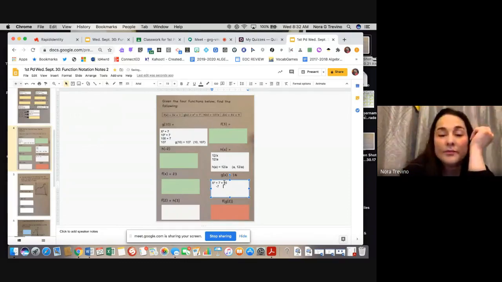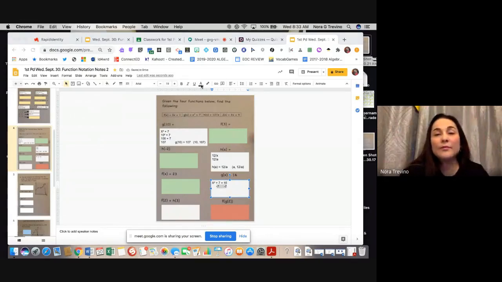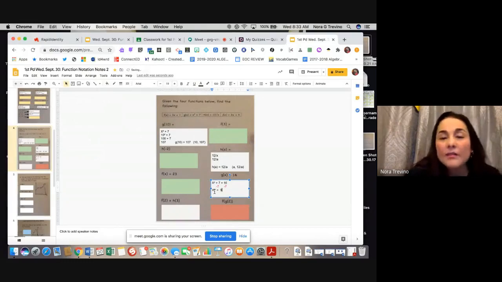Let me do that in a different color. All right, so now you have left x squared. Let me copy it from here. So x squared equals 16 minus 7. Well, that's 9. Now, do you remember how to get rid of that little 2?